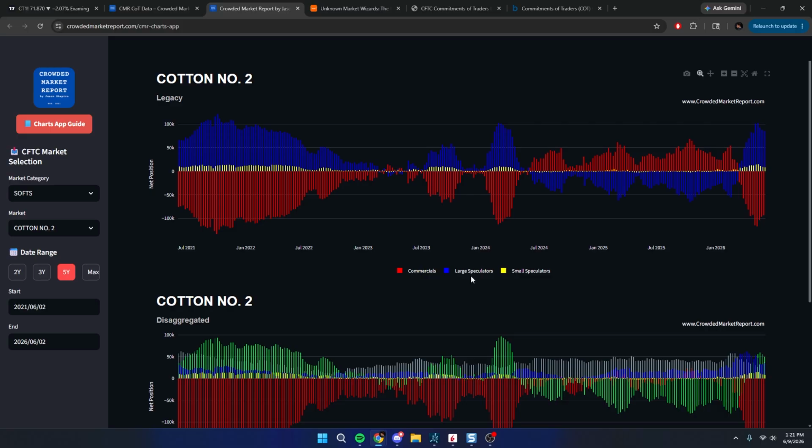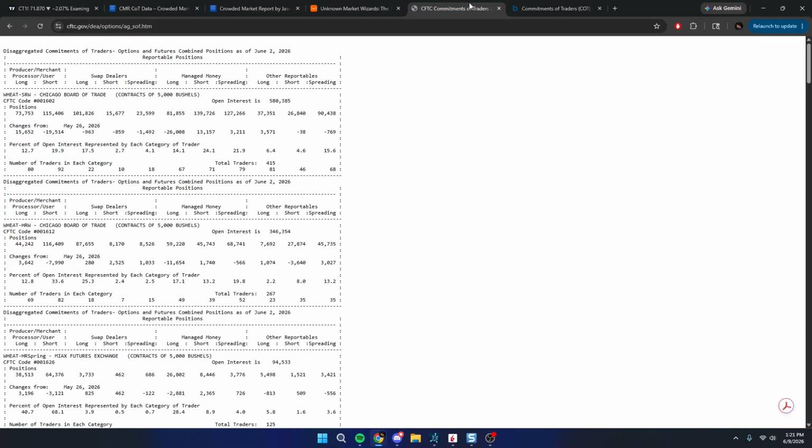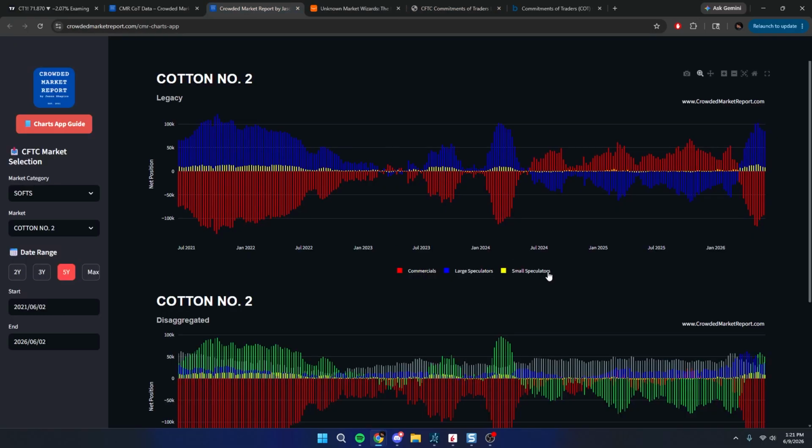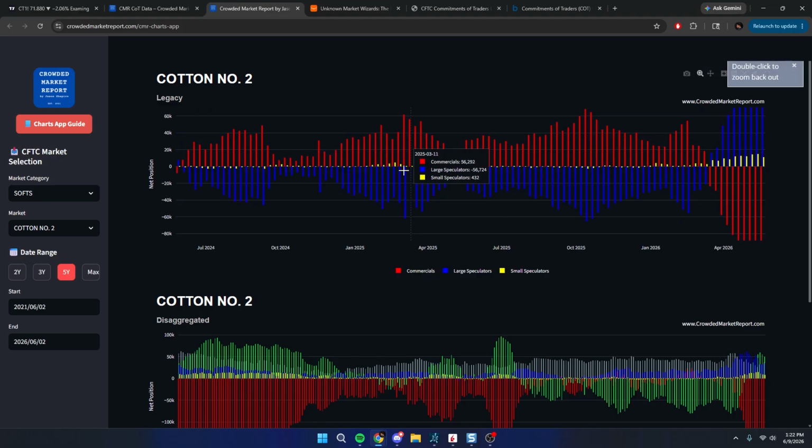Where it says managed money, this is large speculators. Where it says other reportables, that is small speculators. Now, when we look at this chart, you'll see for cotton, for example, large speculators for years have been short cotton, okay? And then maybe if we zoom in, we might see some periods of time, the yellow here, were small speculators.